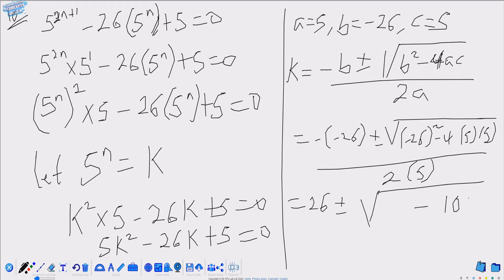So 26 squared will be, what would that give us? 676. Okay, so we have 676 minus 100 over 10.